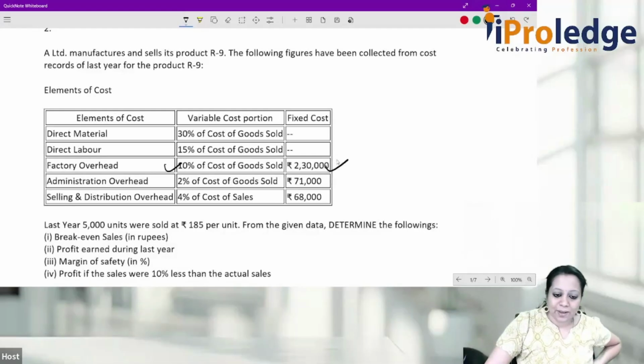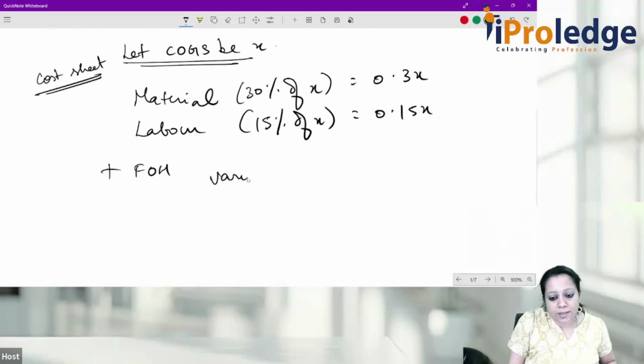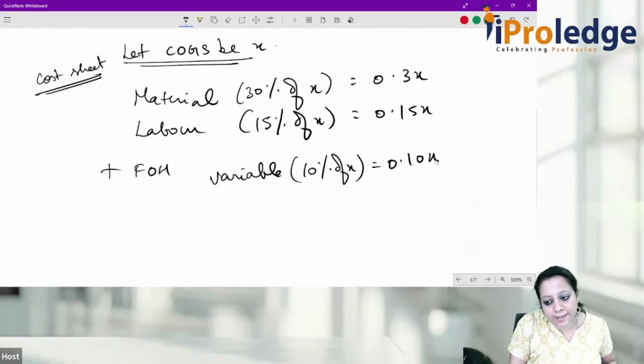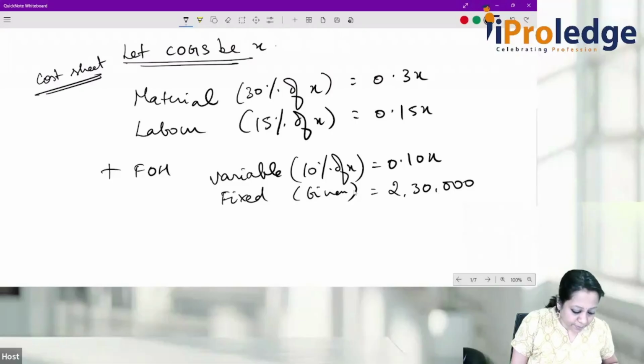The variable portion is 10 percent of X, that is 0.1X. The fixed portion is given as 2,30,000. Up to this, is it okay, everyone?